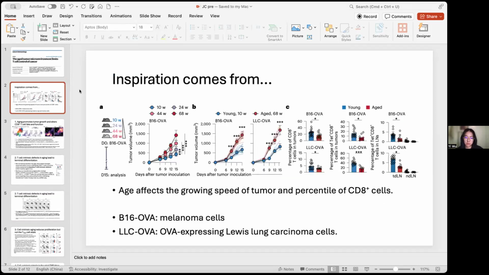So the inspiration comes from the researchers injecting both melanoma cells and lung carcinoma cells into mice of different ages.